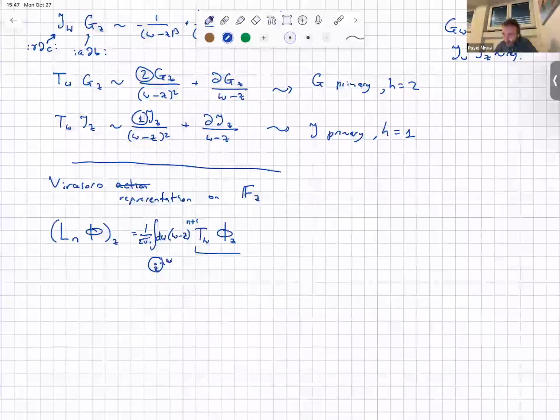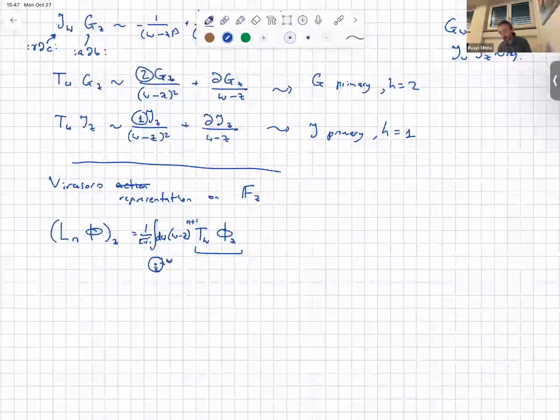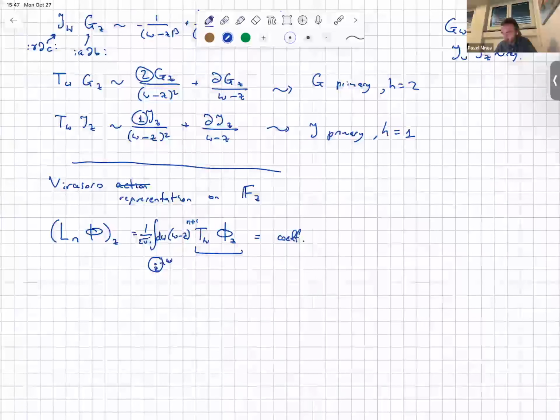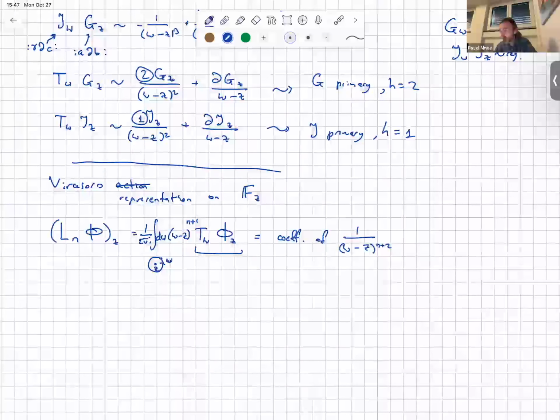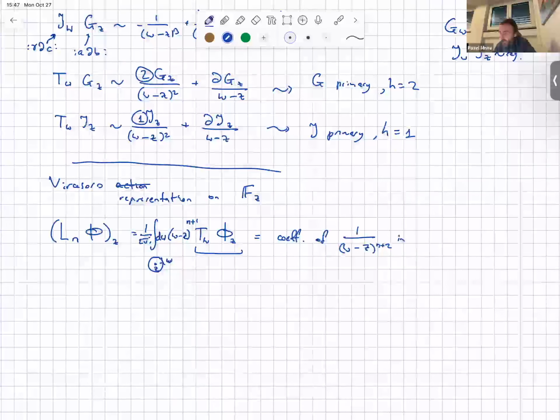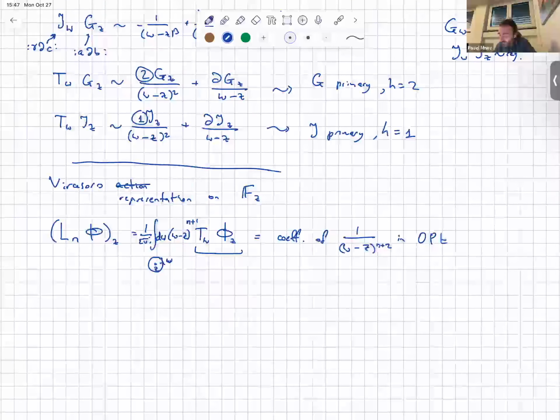And you can replace in this expression this product of fields with the OPE. So knowing the OPE, you figure out the action of the Virasoro generators. In other words, just by the residue theorem, this is the coefficient of 1 over (w minus z) to the power n plus 2, where n here is any integer, in the OPE between the stress energy tensor and phi, right?